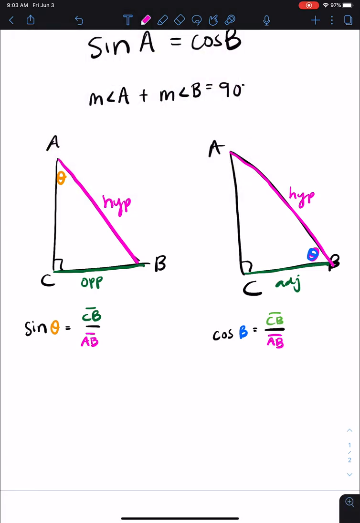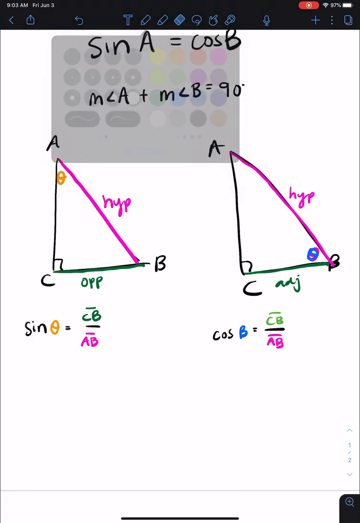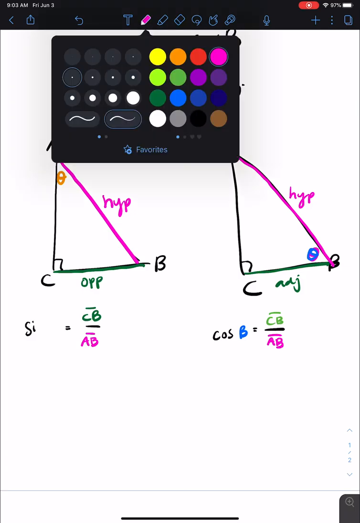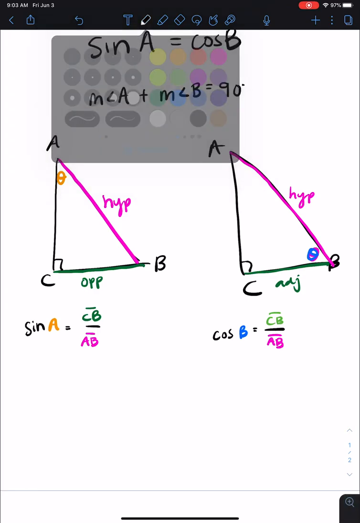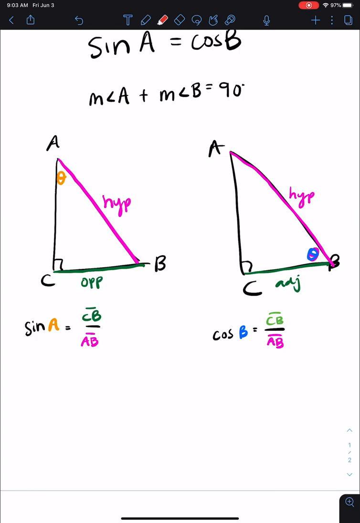And if you notice, in these two scenarios, and let me change my theta here to A, that way it's a little bit more obvious, the ratio for sine and the ratio for cosine are equal to each other when A and B are complementary.